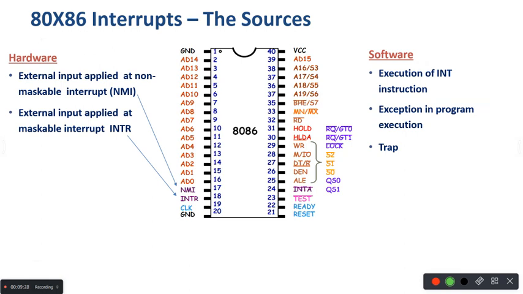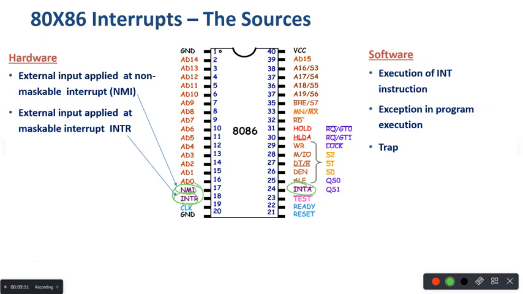In the 8086 microprocessor, you have three pins corresponding to interrupts. Can you see here? One is non-maskable interrupt, another one is the interrupt pin INTR, another one is interrupt acknowledgement.